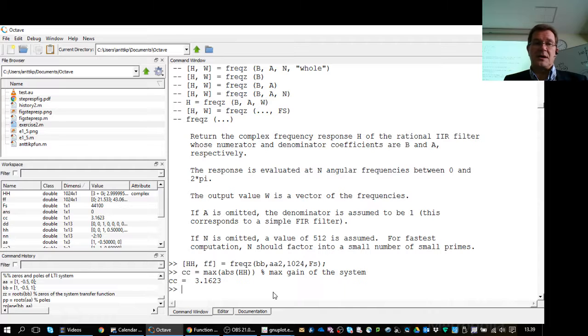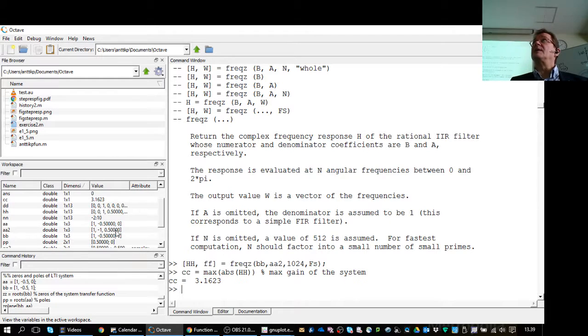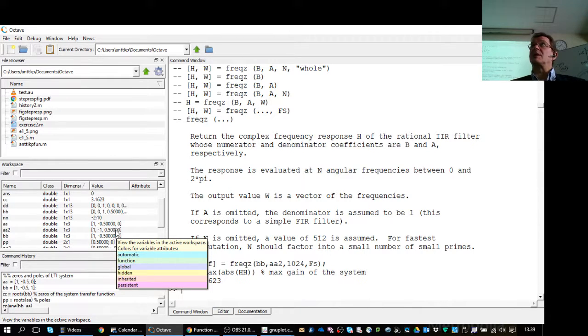So let's see. BB parameters were 1, minus 0.51, and then AA parameters 1, minus 1, 0.5. In order to keep the calculations correct, we cannot touch the AA parameters, basically.